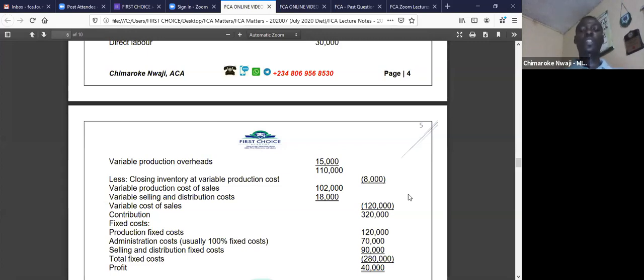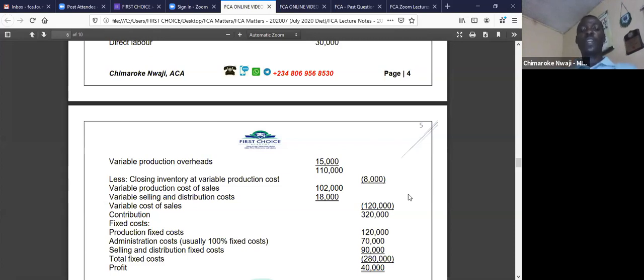All admin costs are usually 100% fixed costs. So if you notice, when we are doing variable costs, we didn't see variable admin costs, but you saw variable production costs. Now you are seeing fixed production costs.